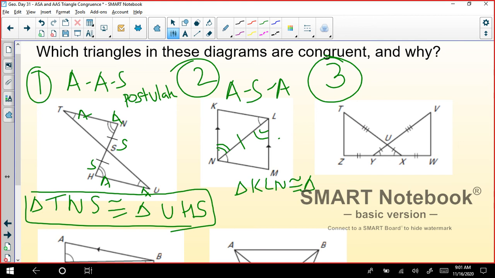In place of K I have M. L had one arc, with one arc I have N, and with two arcs I have L. So triangle KLN is congruent to triangle MNL.